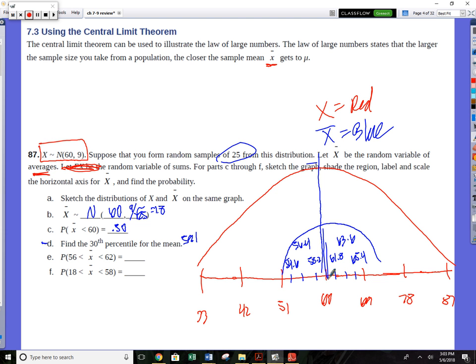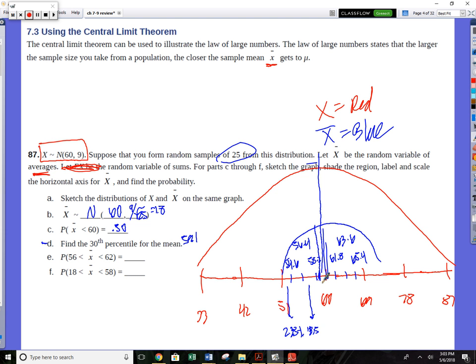Okay, so 59.1. Where is it going to be? 56, 58. 59.1 is somewhere in here-ish. Let's see if that makes sense. Okay, so this from the second and third standard deviation, that captures like 13.5% of the population, and this was like 2.35 or something.